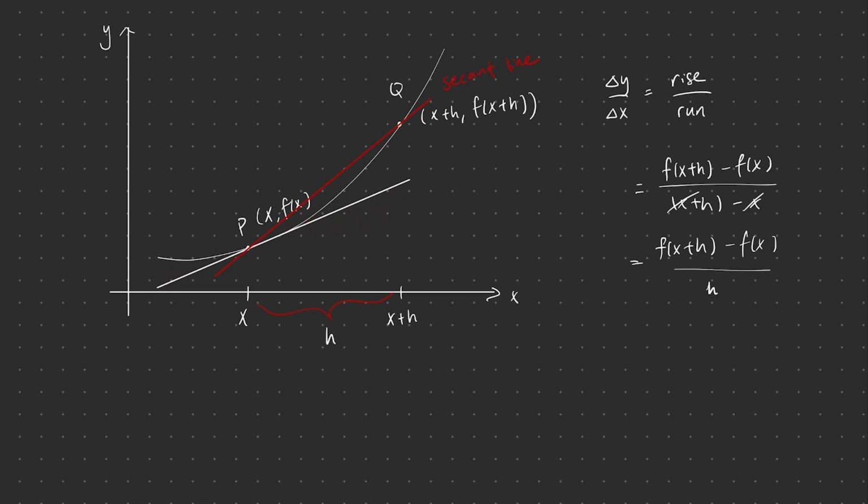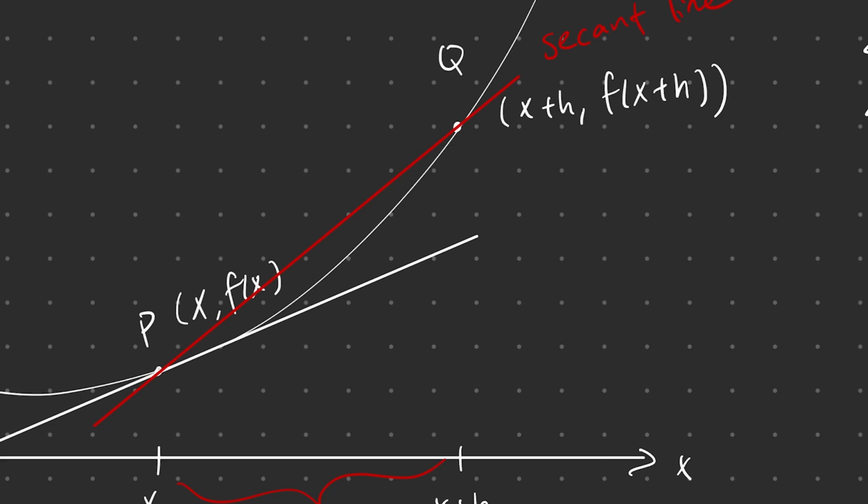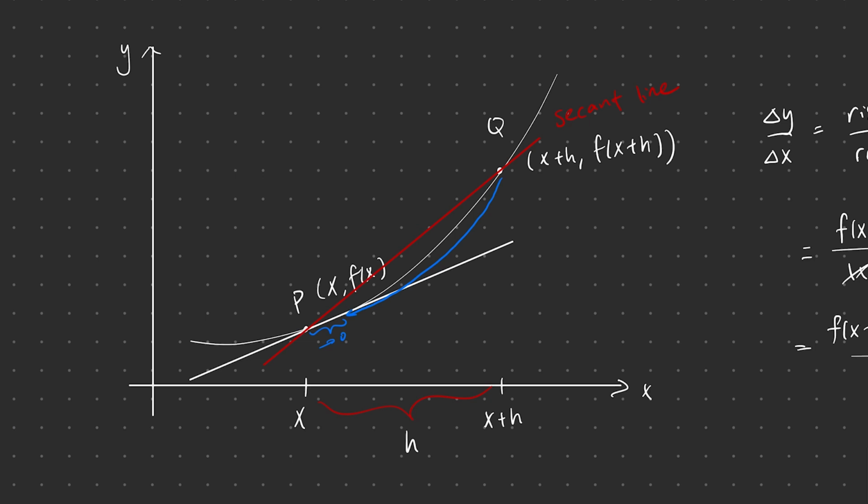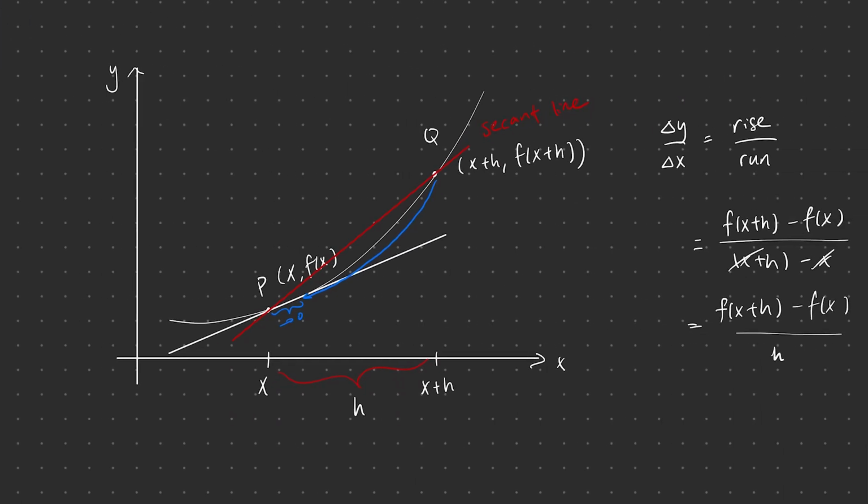Mathematically, how we can bring this secant line closer to our tangent line is we can move point Q closer towards point P. If you think about it, as the distance between them gets arbitrarily close to zero, the secant line becomes an extremely accurate estimation of our tangent line.